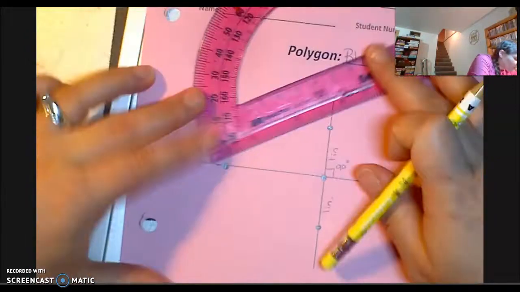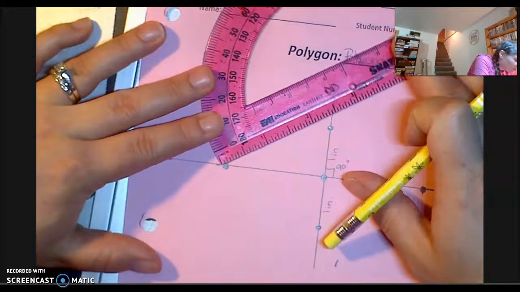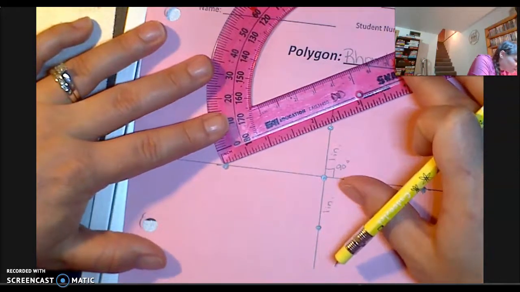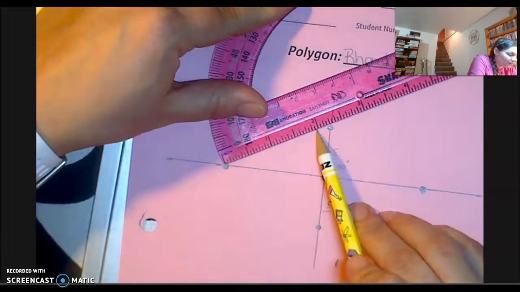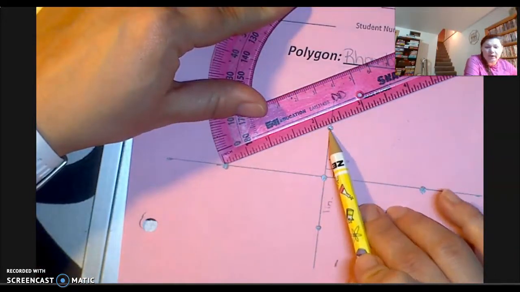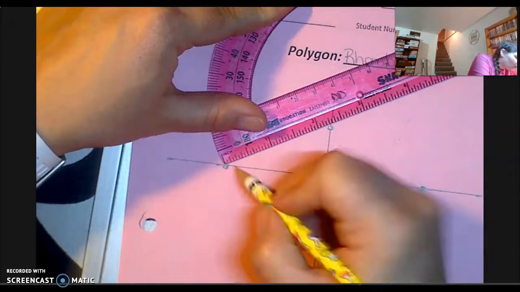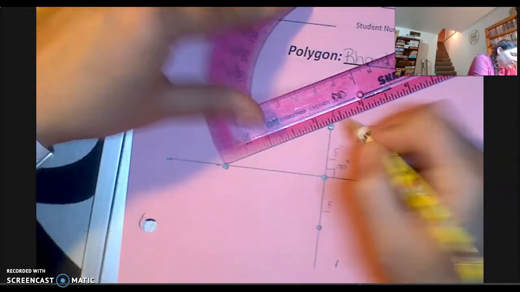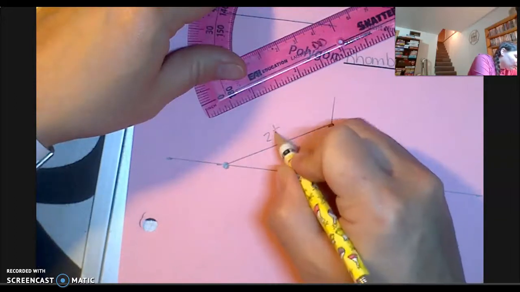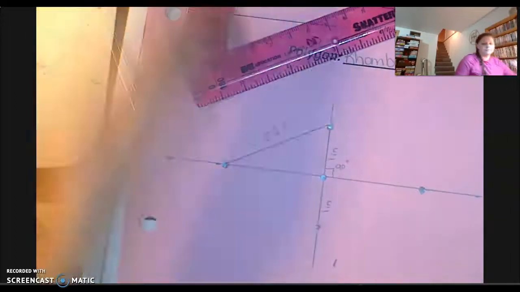And while I'm doing this, I'm actually going to measure the distance from these points. So here is the 2-inch mark. Here's 2.5. So right in the middle, we're at 2 1/4 inches. So this line segment is at 2 1/4 inches.